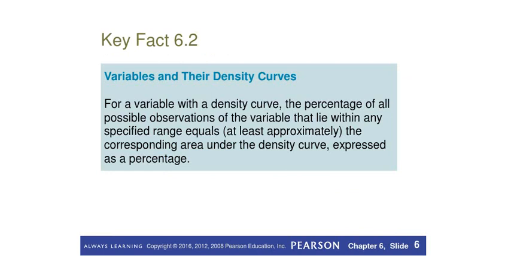Well, for a variable with a density curve, the percentage of all possible observations of the variable that lie within a specified range equals, at least approximately, the corresponding area under the density curve. And this is our critical point right here. We can express that as a percentage.